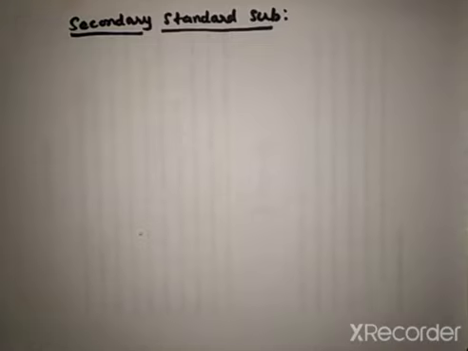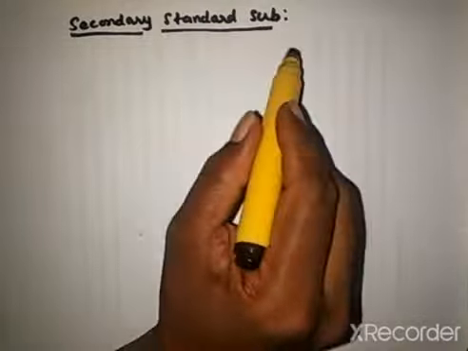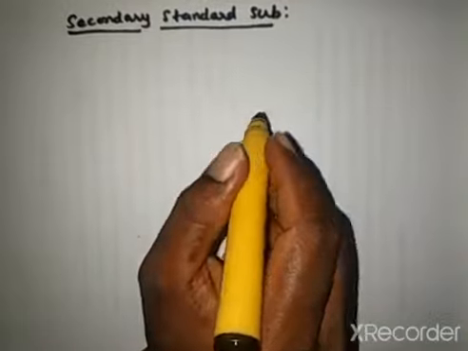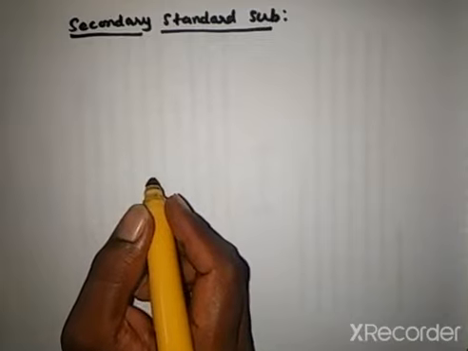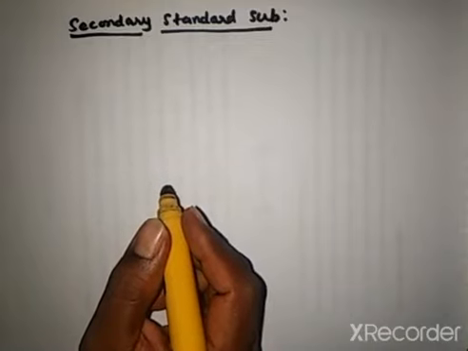And then what is a secondary standard substance? If the substance is a secondary standard, its standard solutions cannot be prepared directly, like the solution prepared from a primary standard.